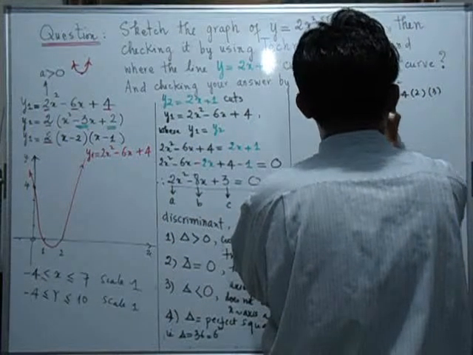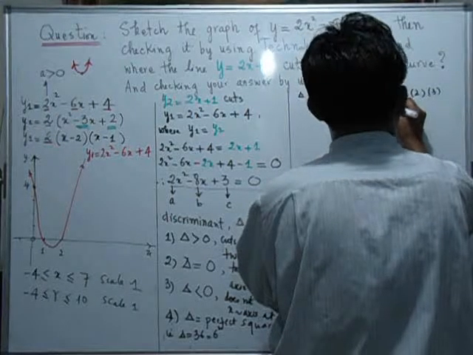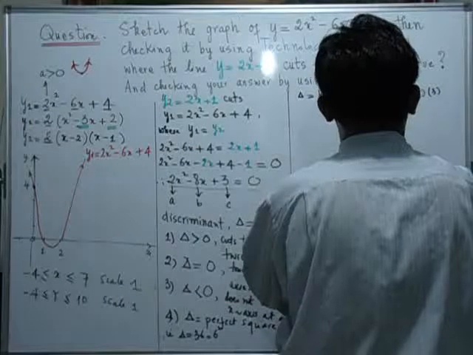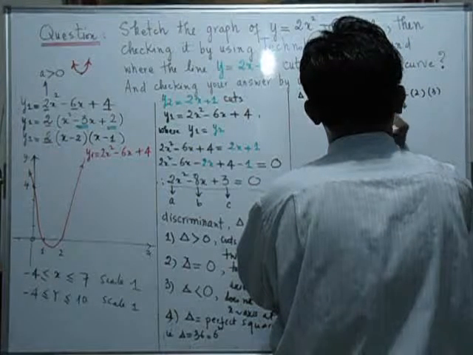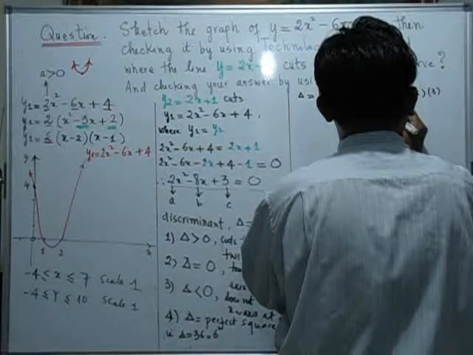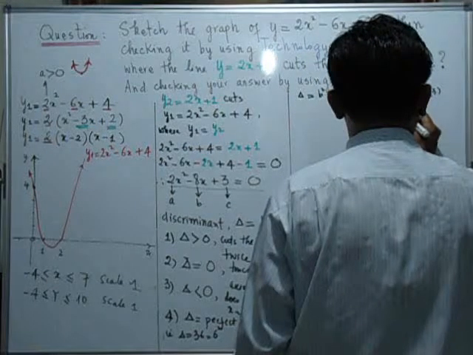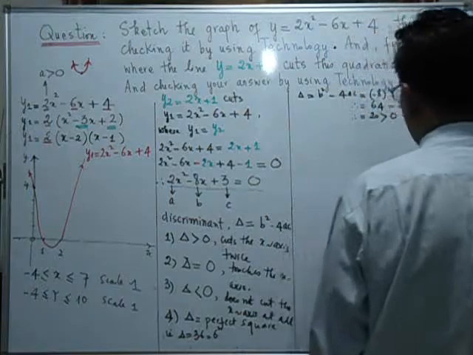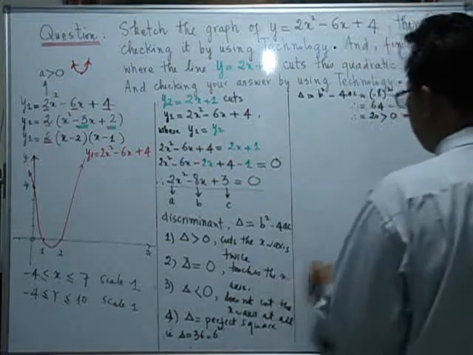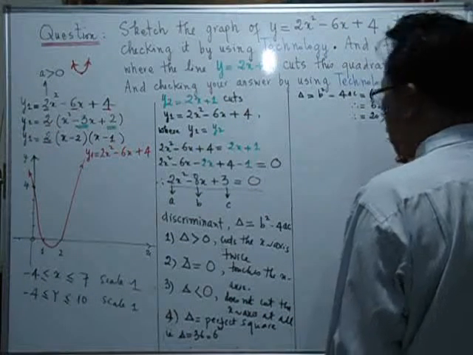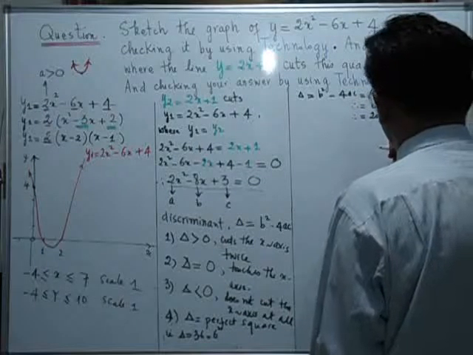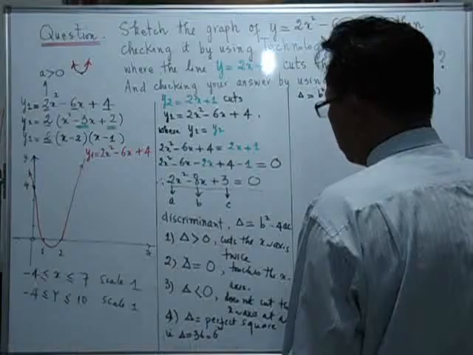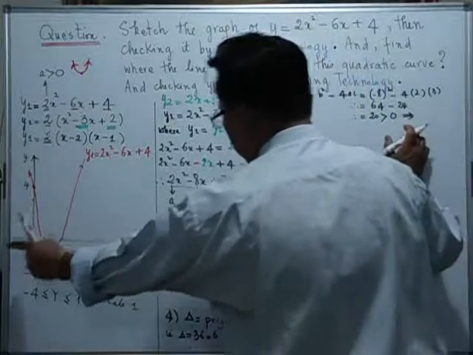So we have here 64 minus 24, so we have 40. 40 is greater than 0, therefore we know the line cuts the curve somewhere.